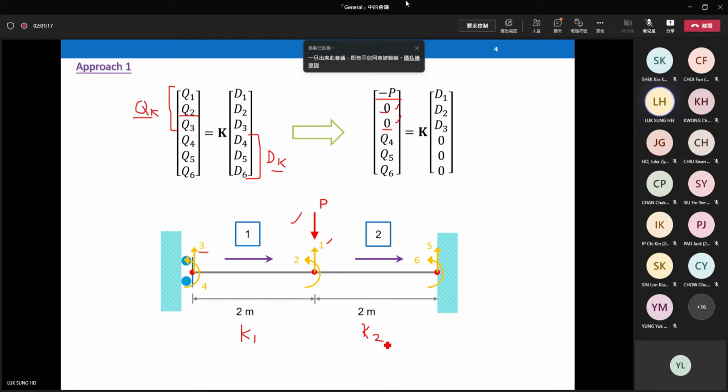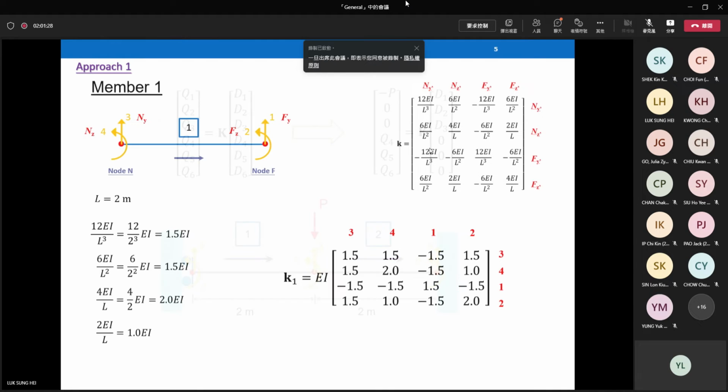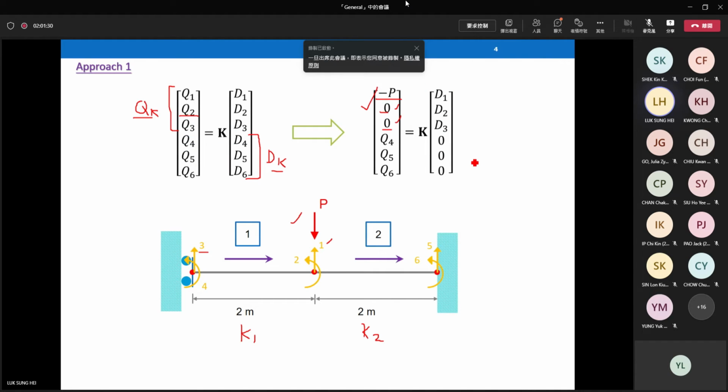Not much to consider, but involves a lot of calculations for K1, K2. Right, so we have QK, we have DK. Next, we would like to find out the structure stiffness matrix. If you know capital K, then you can start to solve the problem.